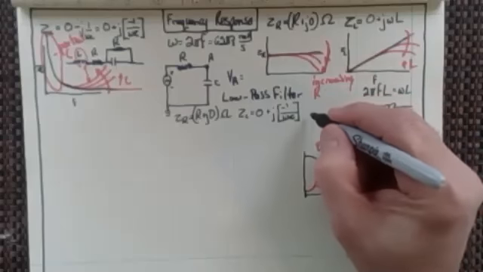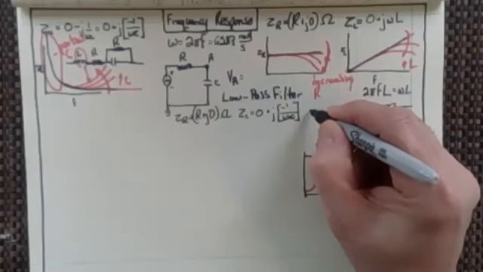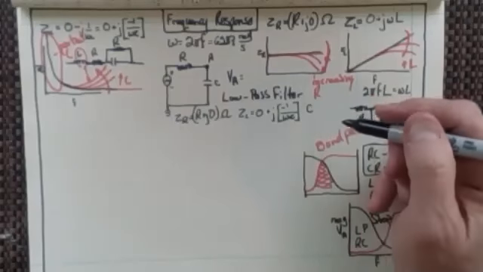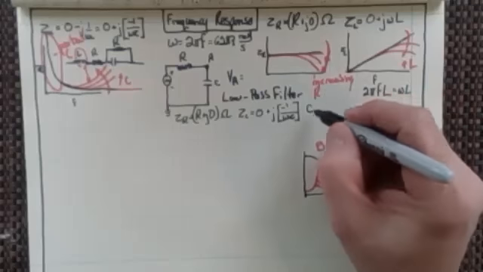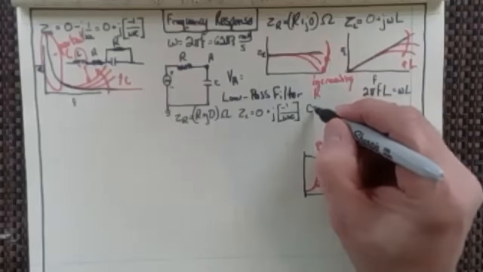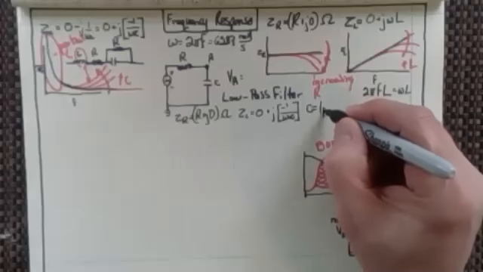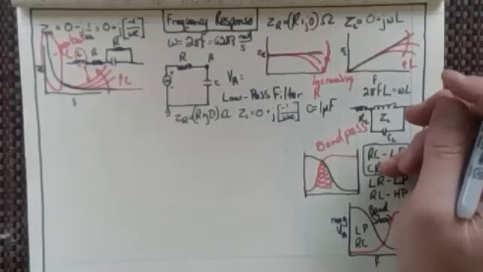And then why don't we make C, you know, I'd like to use numbers. I was thinking I was going to do it just symbolically, but I think you can see it better if we do use some numbers. So let's say that C is a 1 microfarad capacitor.